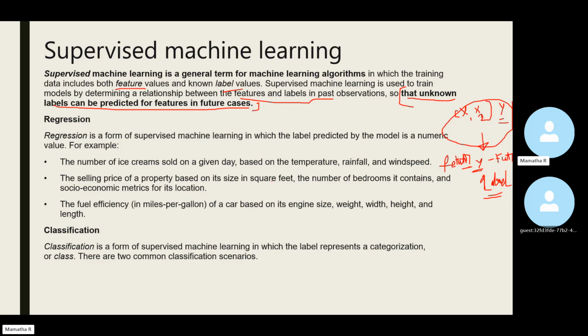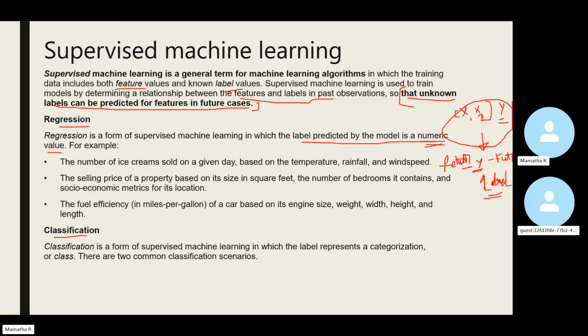If I take the example, we have two different types: regression and classification. Regression is one form of supervised machine learning in which the label predicted by the model is a numeric value. This is important.